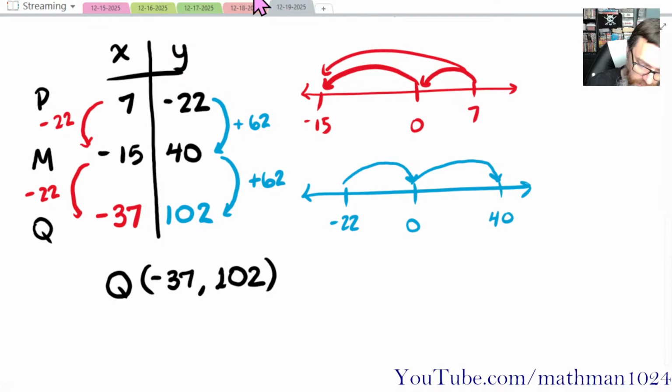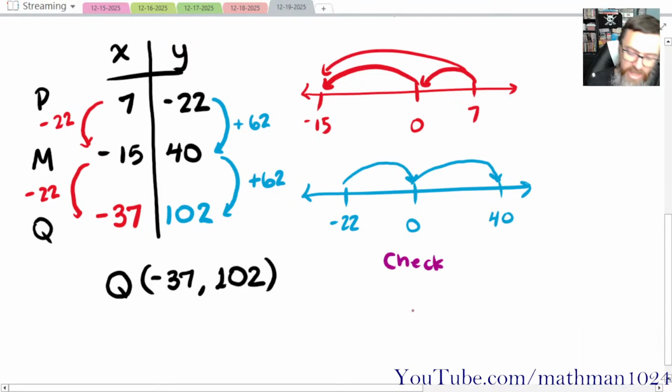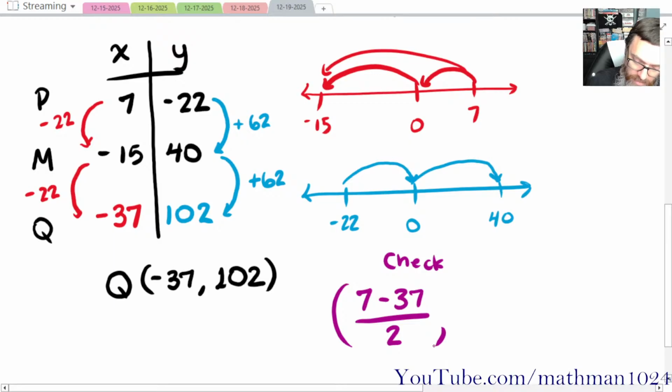So let's just do a quick check over here on the side. If I take 7 and negative 37 and divide that by 2, that's taking the x coordinates for your endpoints. Do the same thing for the y's. You have negative 22 plus 102, and I divide that by 2.